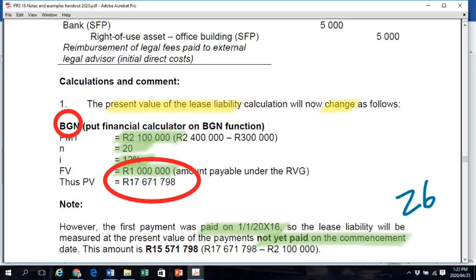So the amount at which you will recognize the lease liability on commencement date will be this 17 million that you've calculated above, less 1 year's payment paid on commencement date, giving you an amount of 15,571,798.